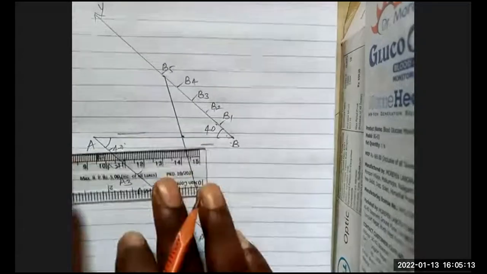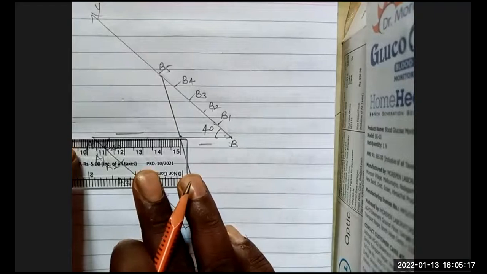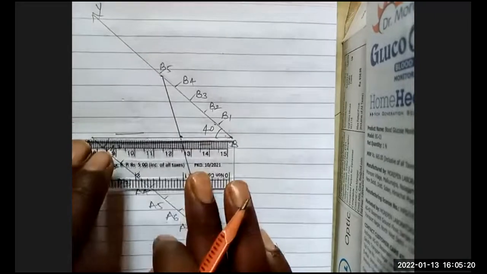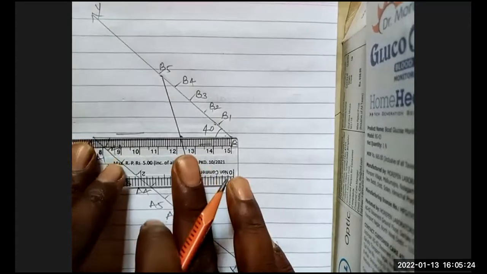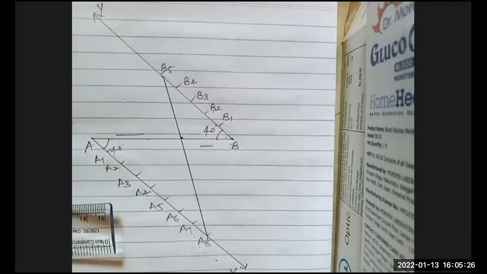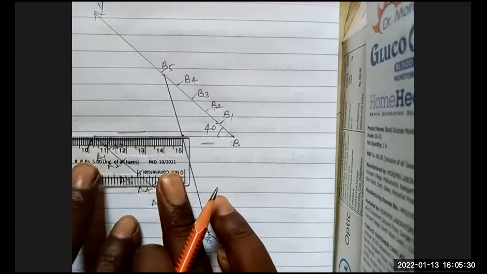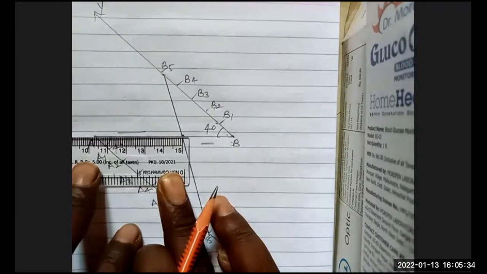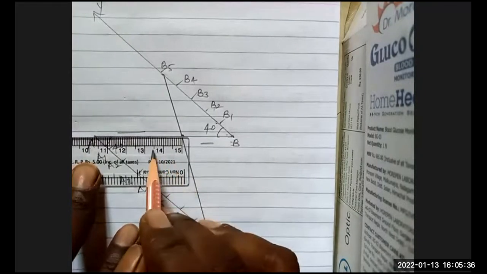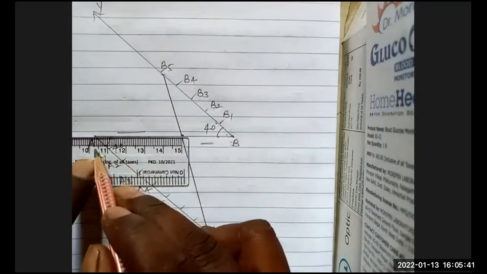This is almost the same. So around 2.8. And this is here 5, 1, 2, 3, 4. It's almost 4.8.